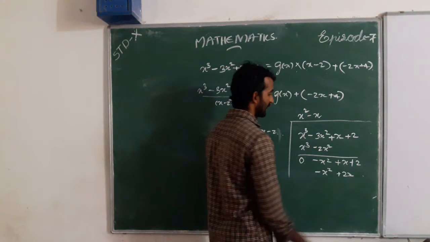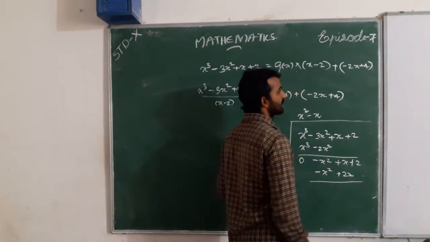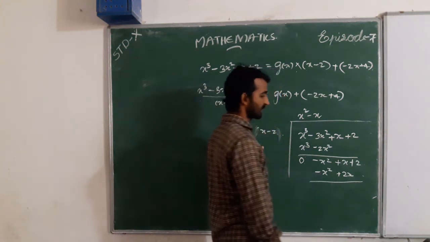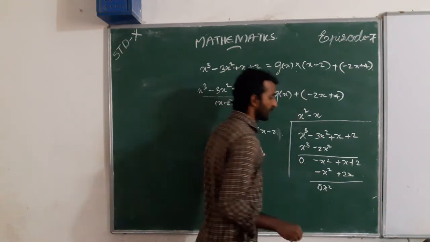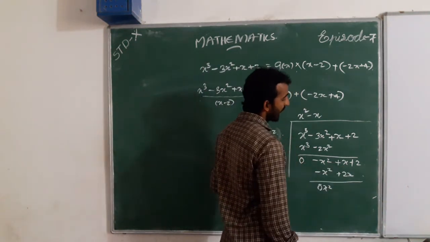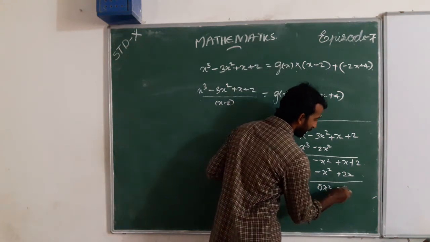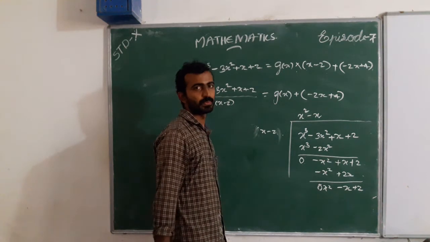We take the difference: minus x square plus x square, we get 0x square, and x minus 2x we get minus x plus 2.